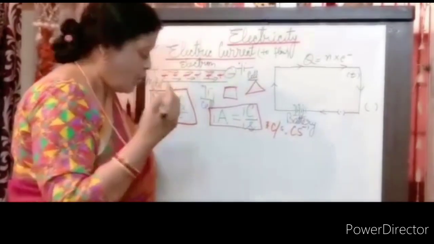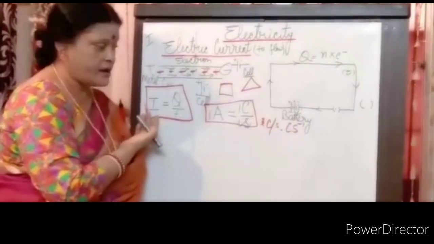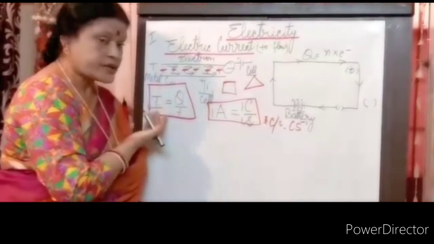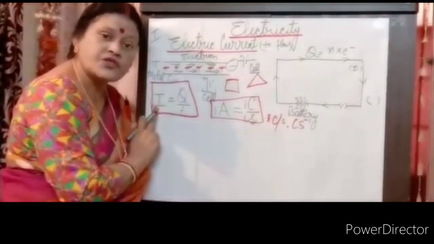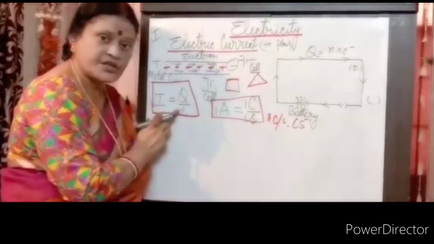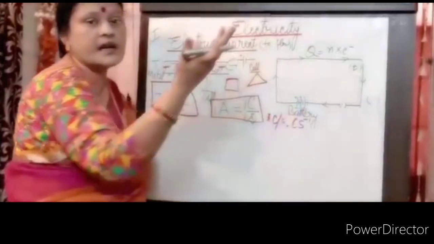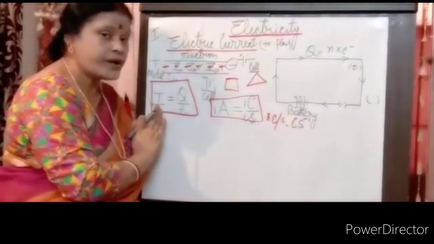Current is represented by capital I, Q is charge, T is time. Final definition: it is the flow of charge in unit time in any cross-sectional area of the conductor.